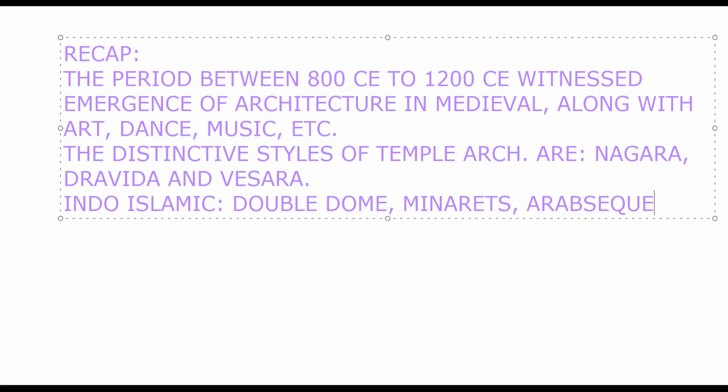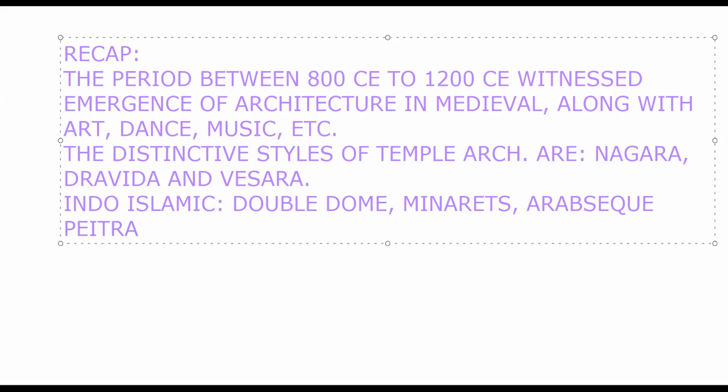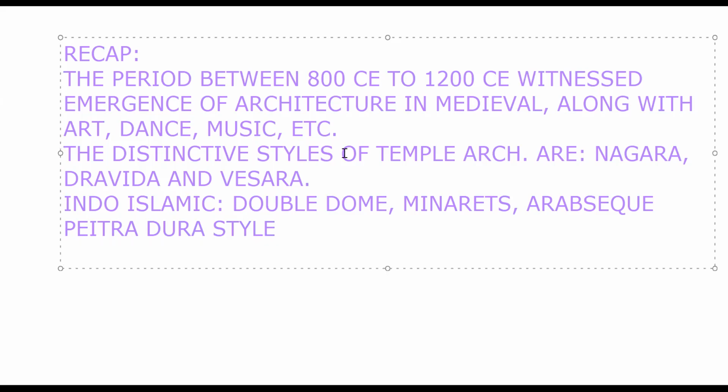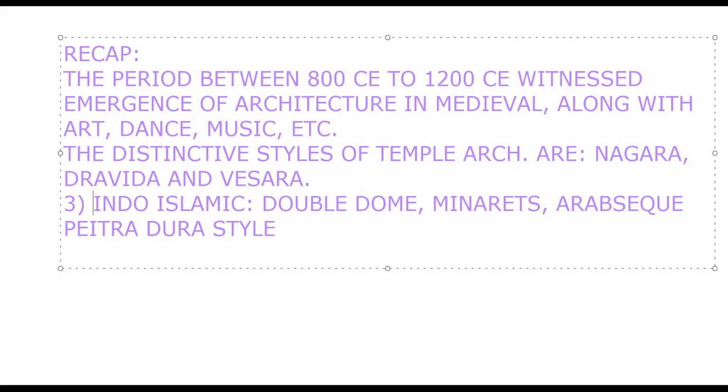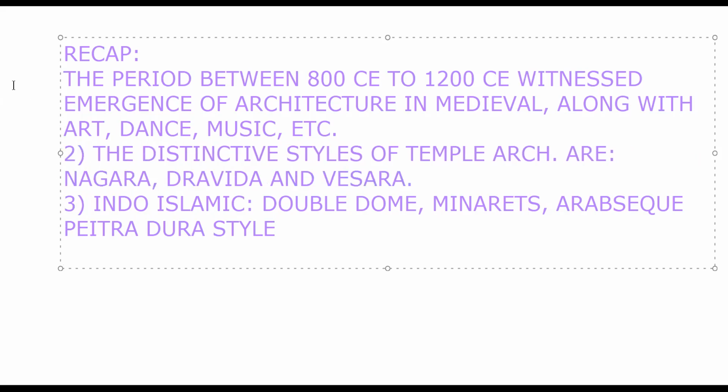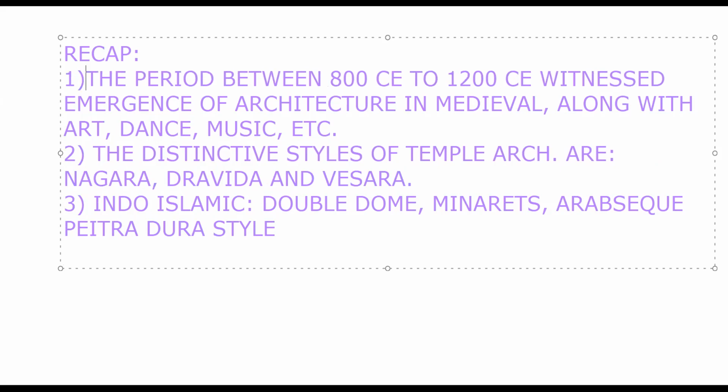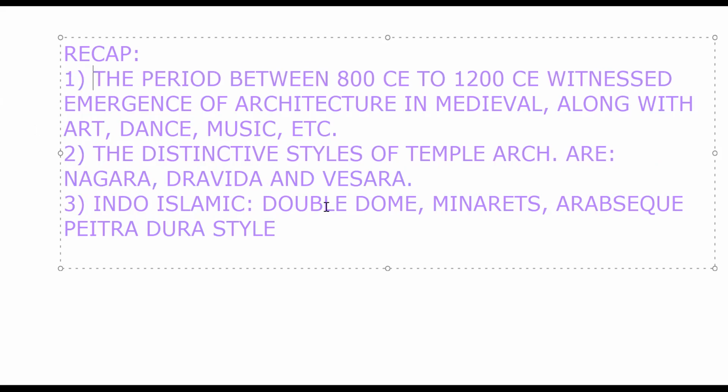And one more important thing which we discussed was the Pietra Dura style. Okay, so we discussed Indo-Islamic. Let me write it as the third point, the second point, and the first point. So these things were there in the first 3 points.